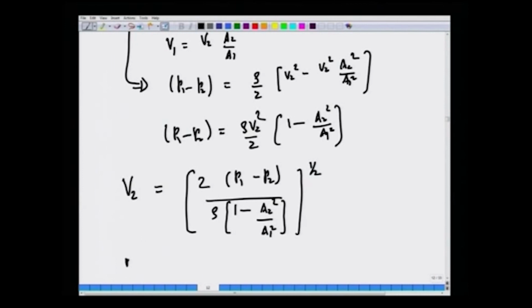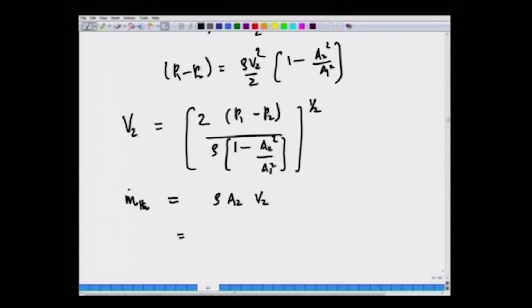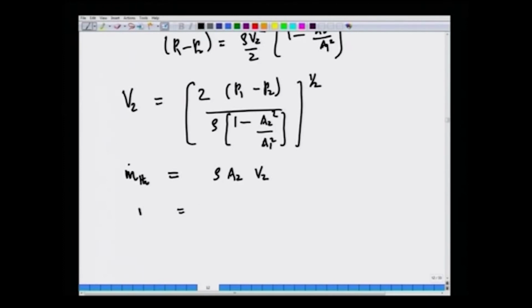So, the mass flow rate, which is related to the volumetric flow rate quite simply because the fluid is incompressible, is simply the density times the area times the velocity V2. Okay. So, this will now become A2 divided by the square root of (1 - A2^2/A1^2) times the square root of 2 rho (P1 - P2).